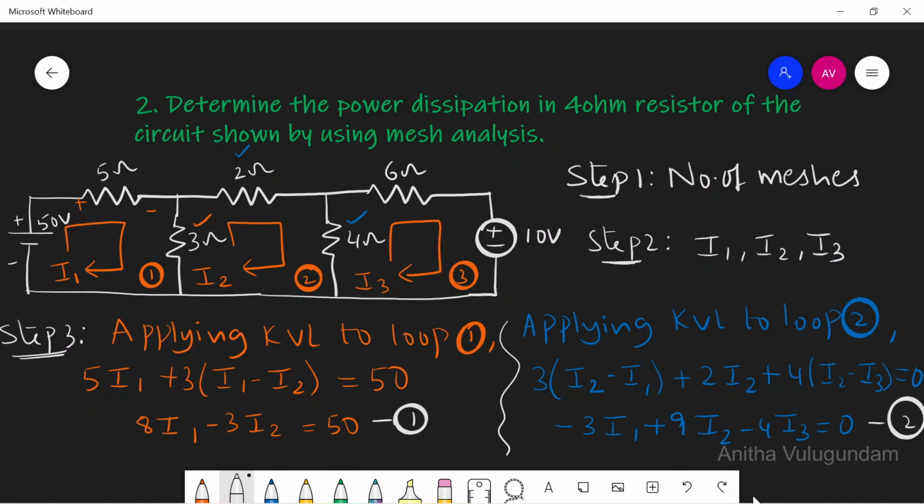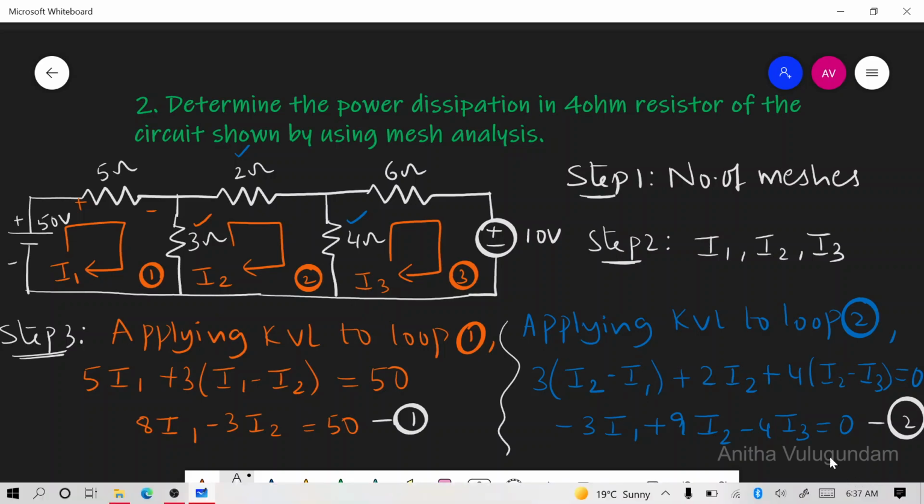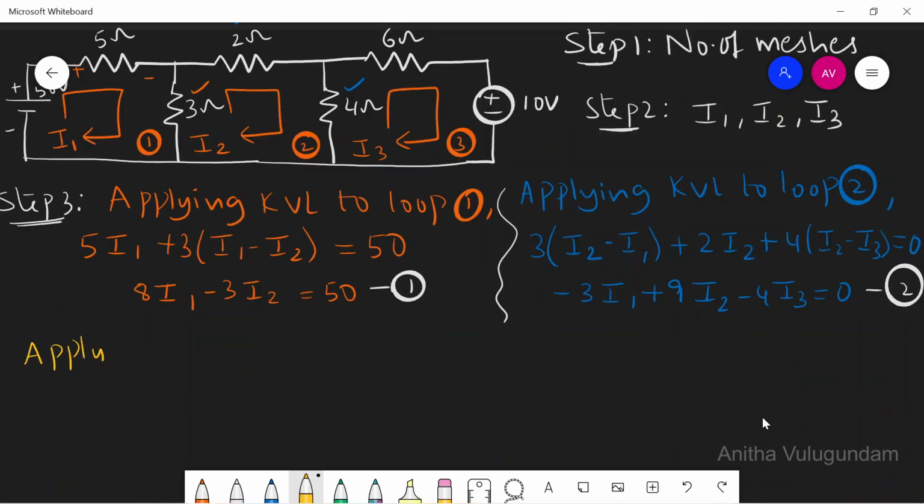We have one more mesh. We should write KVL to loop 3 as well. Applying KVL to loop 3. Loop 3 has two resistors and one source. In the 4 ohm resistor, two currents are flowing, I2 and I3, which are in reverse direction.